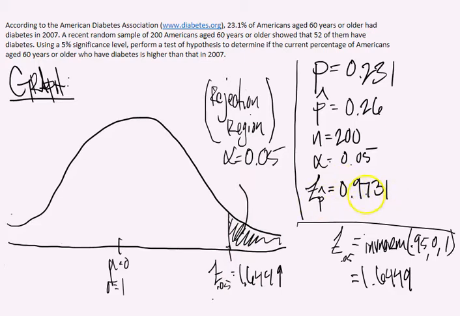This is my test statistic. It's very obvious it's less than that, so it's going to be somewhere over here because it's more than 0, less than 1.6449. This would be z of p-hat, which is 0.9731. So it does not land in the rejection region, which we already knew from the last graph.